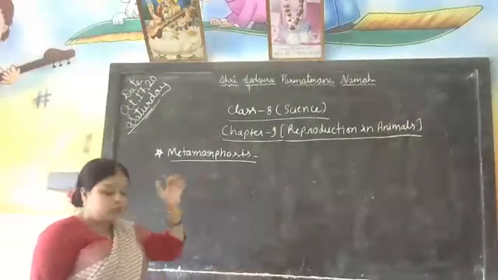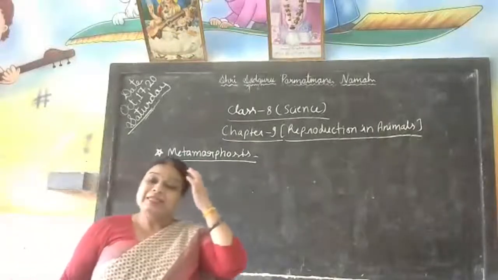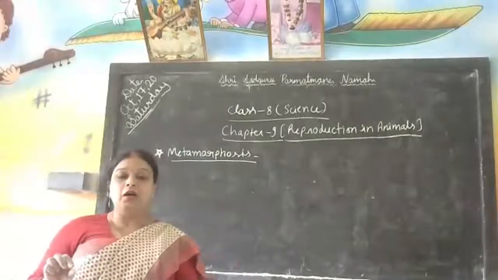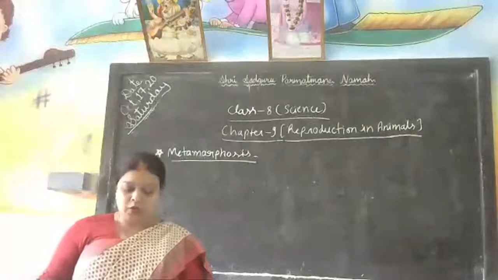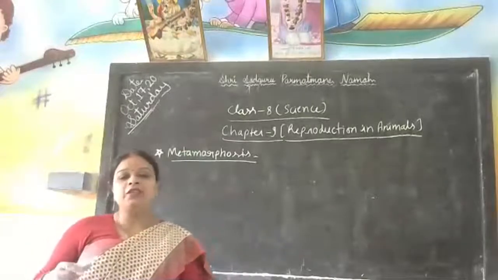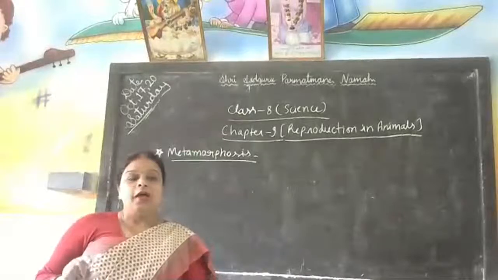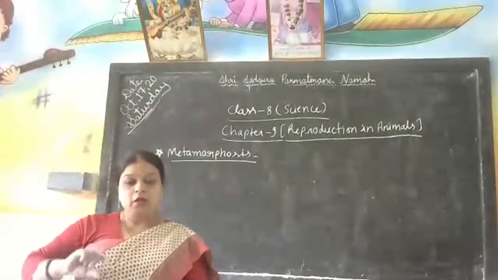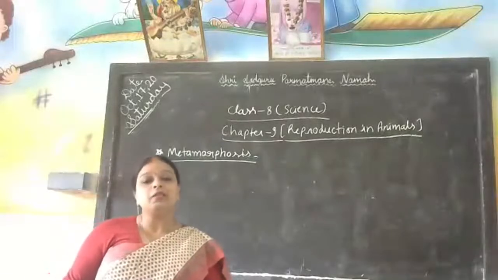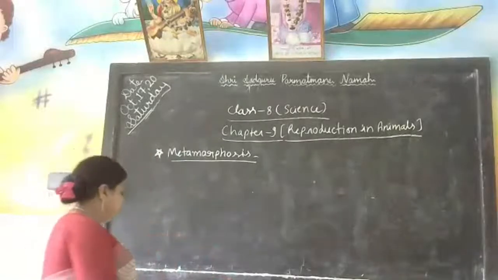Metamorphosis means it is a series of changes that a larva undergoes to form an adult. There are so many changes in the larva, and then the larva converts into an adult, and this is known as metamorphosis.